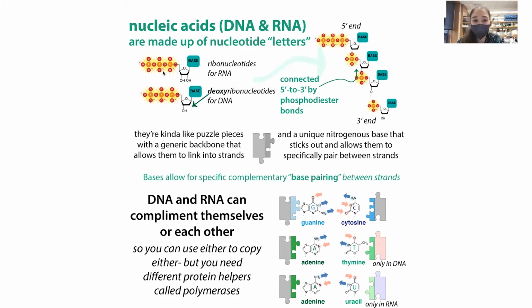The generic part is the sugar phosphate backbone, which has a ribose sugar in RNA and a deoxyribose in DNA, so it's missing this OH group. But then instead of linking up through peptide bonds, they link up through phosphodiester bonds, which use these phosphate groups. With amino acids, we had all those 20 different side chains, and they were interacting with all different things in really unpredictable ways, and in a lot of different ways.